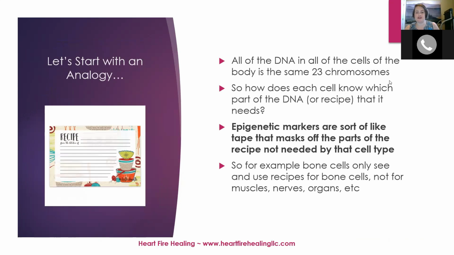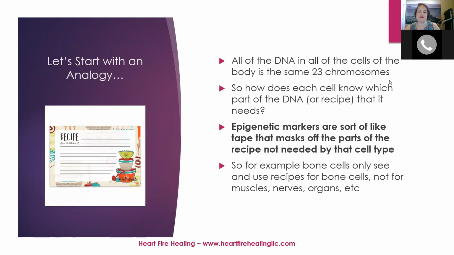So how do bone cells know that they only need the part of the 23 chromosomes that relate to bone function, and muscles know that they only need that part that relates to muscles, and your liver only needs the part that relates to the liver? So epigenetic markers are sort of like this tape that masks off the parts of the recipe that are not needed by that type of cell.